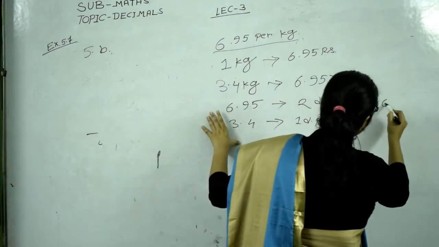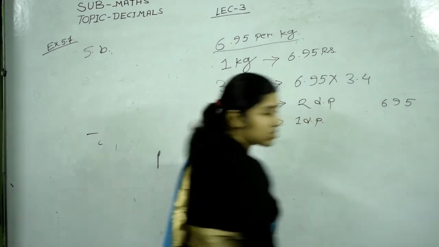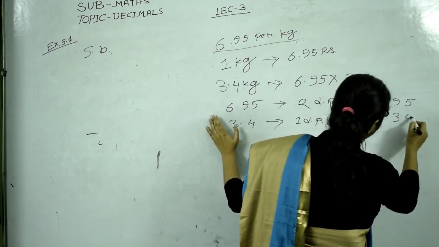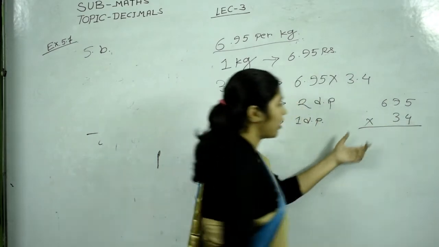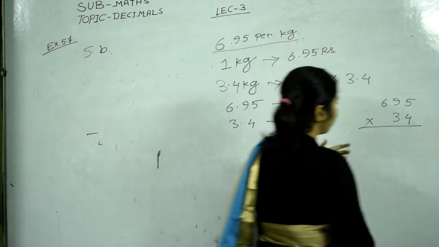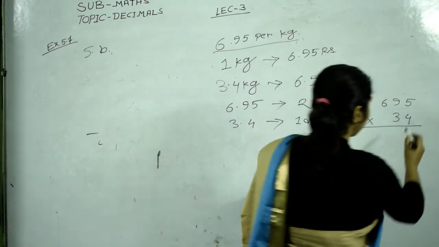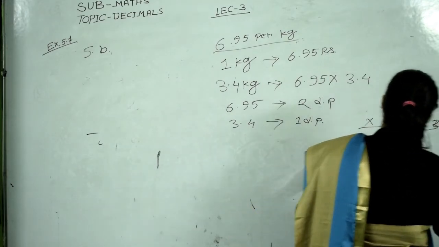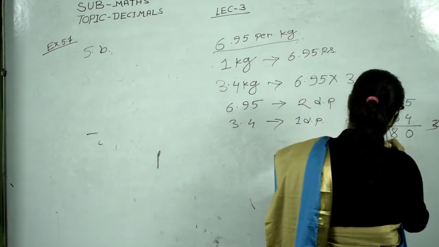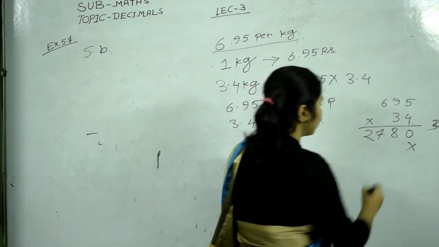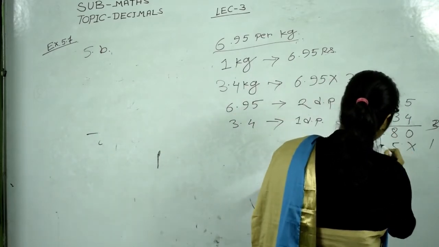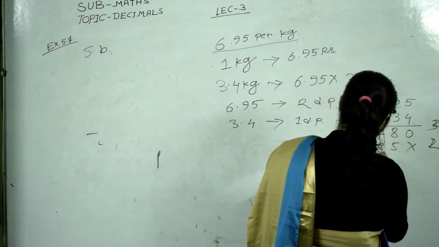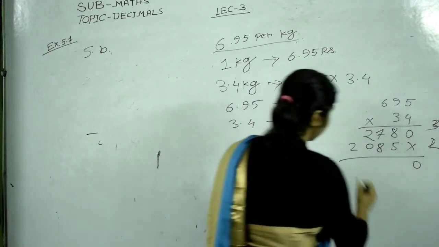Now consider 695 as the whole number 695 and 3.4 as 34, and now multiply as we do for whole numbers. So 3 5s are 15.